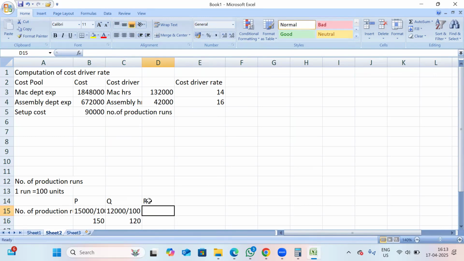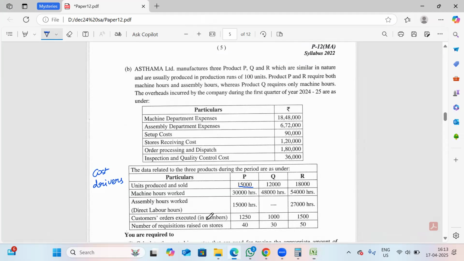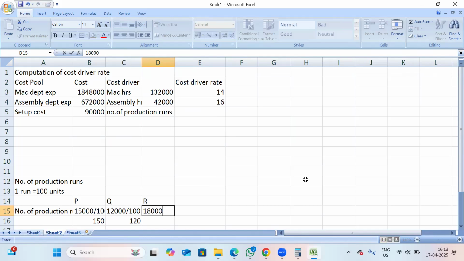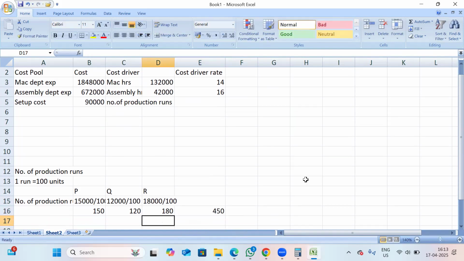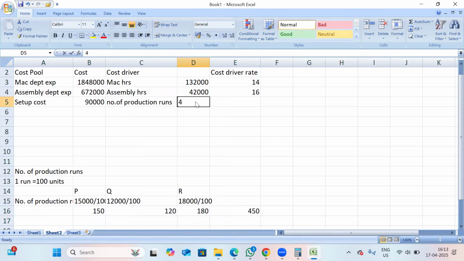Here will be 18,000 units. So 18,000 divided by 100, so 180. So my total will be 450 production runs. So 90,000 divided by 450, 200 rupees. My cost driver rate will be 200 rupees.